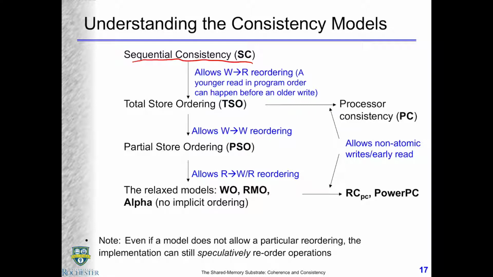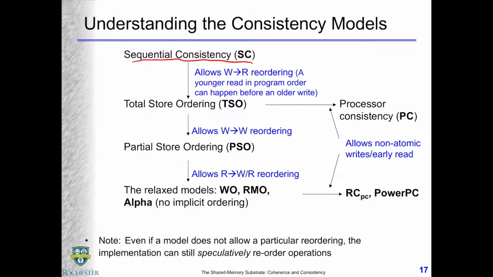A main desire is to allow read to happen sooner. Why? Because you're loading data into the processor's register, and there are dependent instructions waiting for the load. So you want a load to bypass earlier stores.